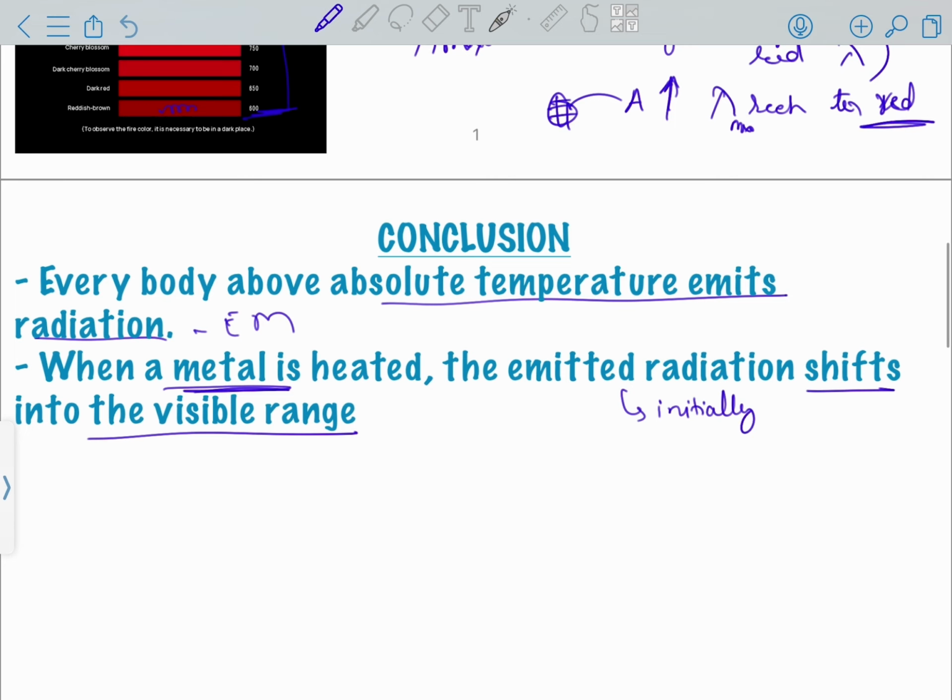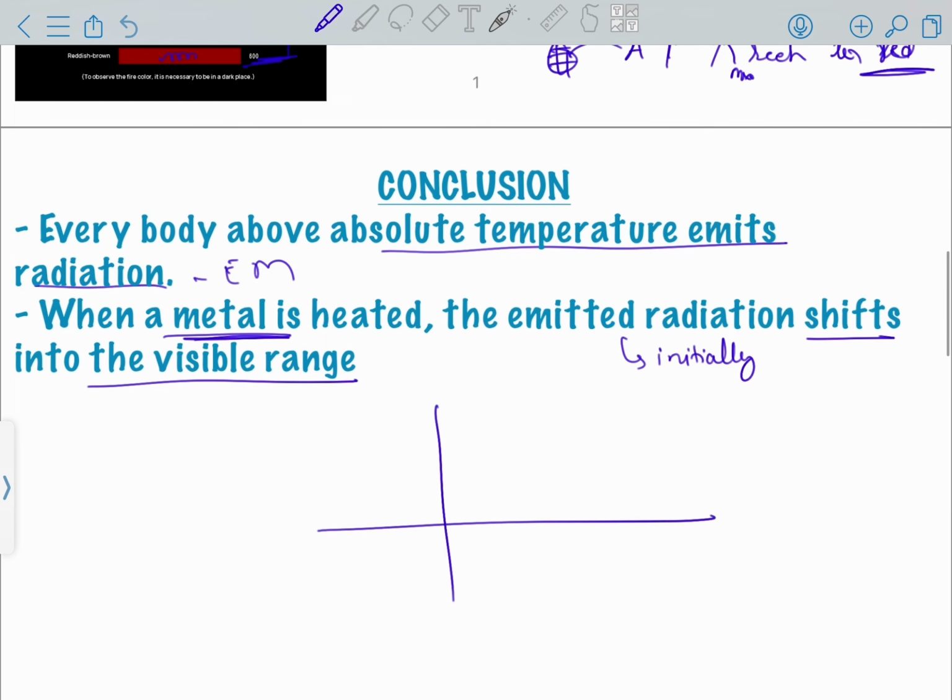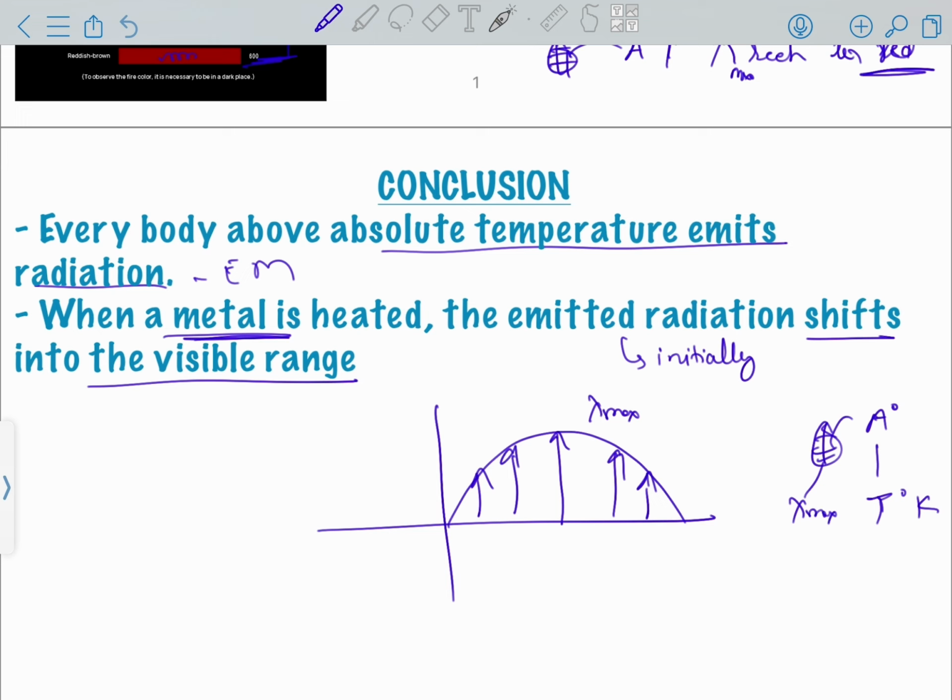A very important point which I need to add is that since it is a spectrum, there is a lambda max value and there is a spectrum of wavelengths being emitted. Once body A is heated to some temperature T Kelvin, and the wavelength reaches, let's say, the center of the visible range, which runs from 0.4 micrometer to 0.7 micrometer, say lambda max is somewhere around 0.6 micrometer.